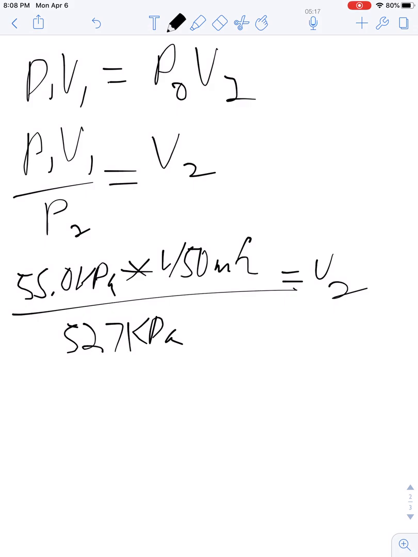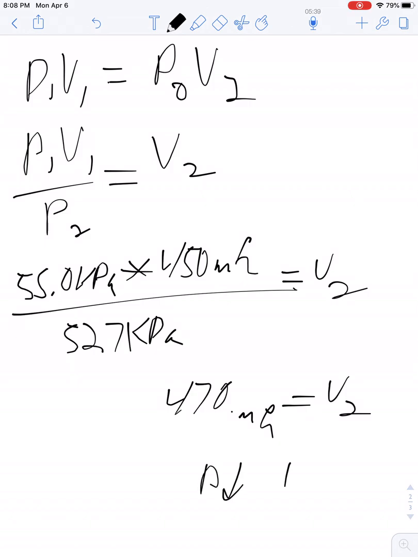Calculate it. And my V2 is 460. Well, with sig figs, it'll be 470 milliliters. And then ask yourself, does this make sense? Our pressure went down, so our volume should go up.